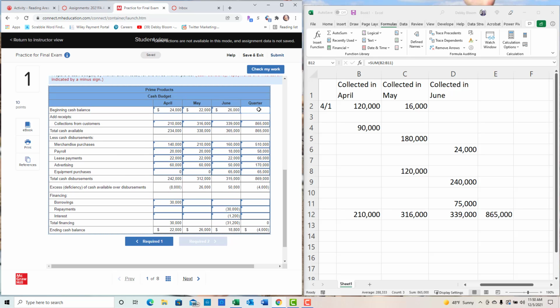So now for the quarter, we're going to start off with $24,000. At the beginning of the quarter, we don't add the cash balances because the beginning of the quarter is April 1st. We just need the cash balance on April 1st. So we're going to add together the total borrowings, $30,000, the total repayments, and the total interest paid.